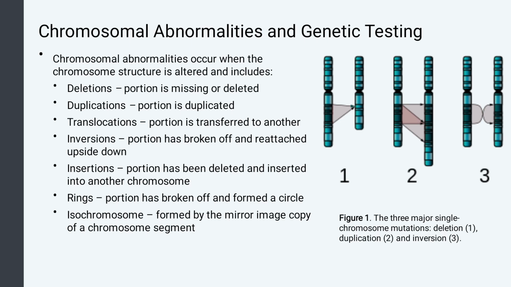Okay, next we will talk about the chromosomal abnormalities and genetic testing. Here in the figure we can see the major single chromosome abnormalities: deletion, duplication, and inversion. Number one is deletion, where those chromosome parts are not present. In number two, we have duplication, so instead of one chromosome, it became like two.